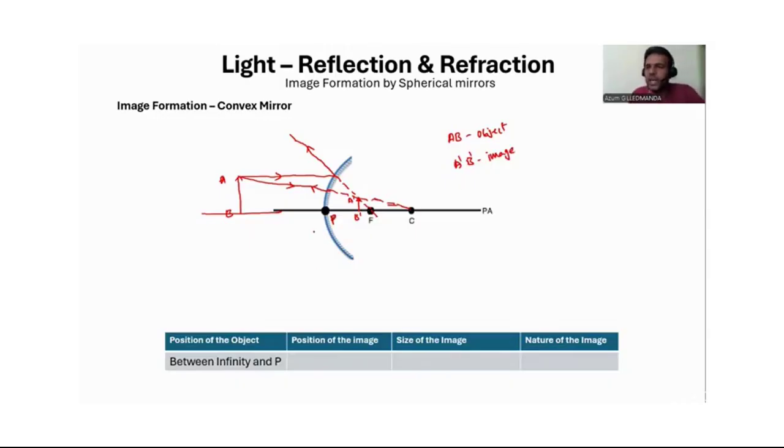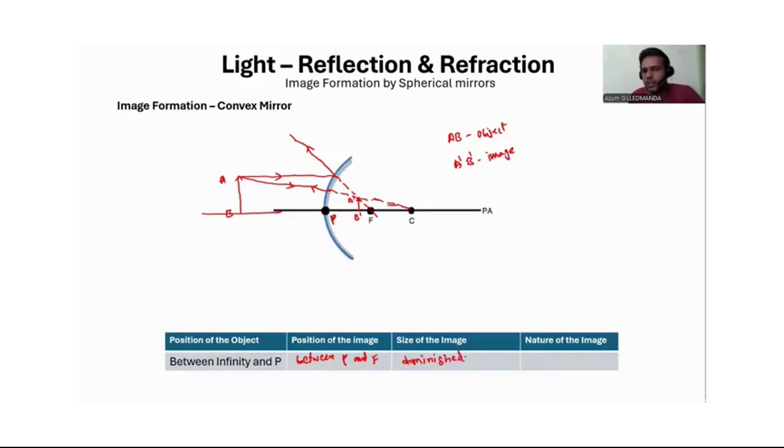So it's a diminished image, forming behind the mirror, which means it is virtual, and it is standing above the principal axis. That means it is an erect image. So what is the position of the image? The position of the image is between P and F, between the center of the mirror and the principal focus. And what is the size of the image? The size of the image is diminished.